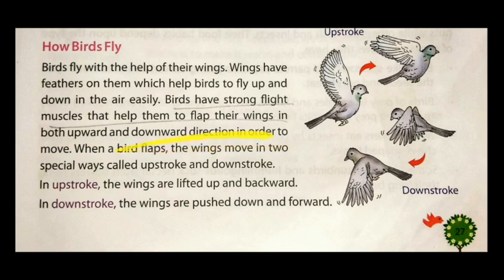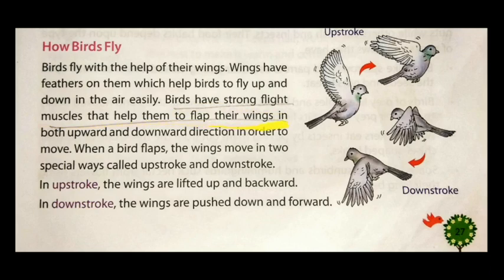in order to move. So birds have strong flight muscles that help them to flap their wings in both upward and downward direction in order to move. How to move?